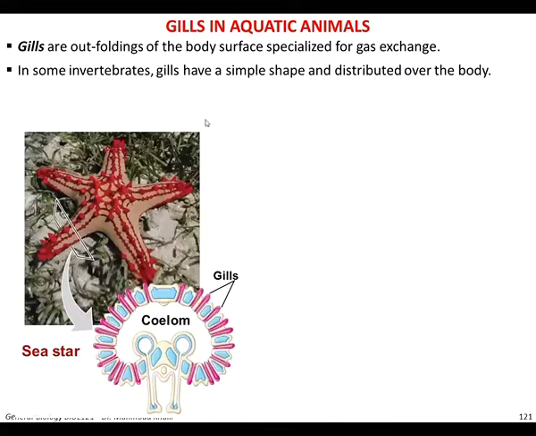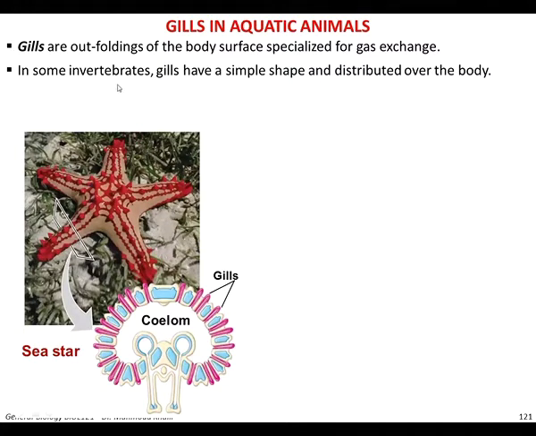So what about gills? Gills are outfoldings of the body that are very important for gas exchange in some invertebrates, and invertebrates are animals that lack the vertebral column, like the starfish or sea star. If you take a cross-section of the sea star, you can see its body is covered by gills at every section.